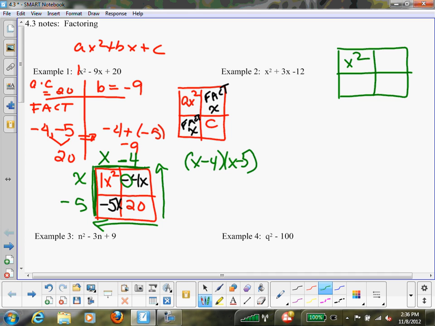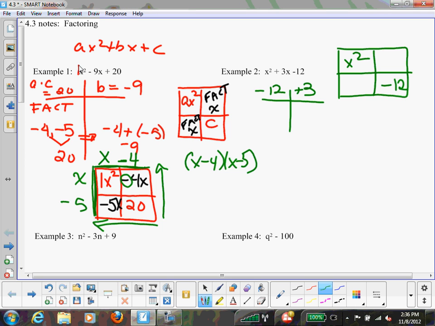Okay? All right, so x squared plus 3x minus 12. What are my factors of negative 12 that give me positive 3? If I want to multiply to get negative 12, that means one of my values has to be positive and one of them has to be negative. But remember, when I add them together, I want 3.